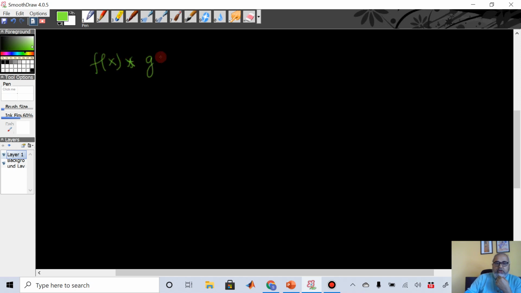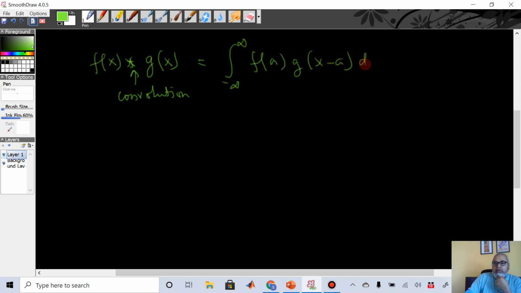So this is the convolution symbol, and this is equal to... Convolution is also commutative. So f convoluted with g is the same as g convoluted with f. You can easily show that by a change of variables.